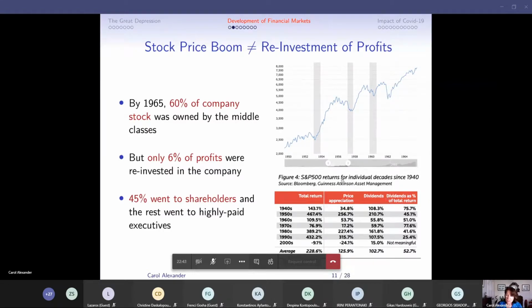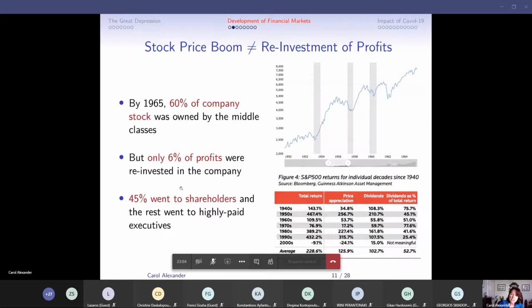But in this table below here, you can see the return on the S&P 500, and you can see dividends, the proportion of dividends as a percentage of total return. 45% during the 1950s went to shareholders.